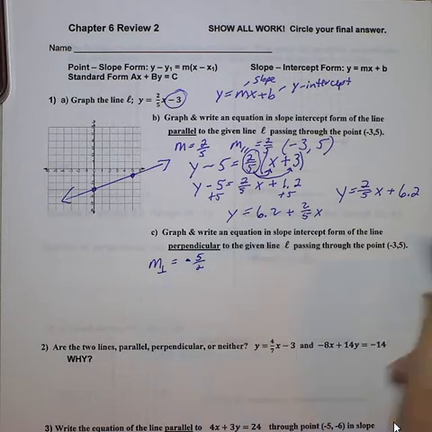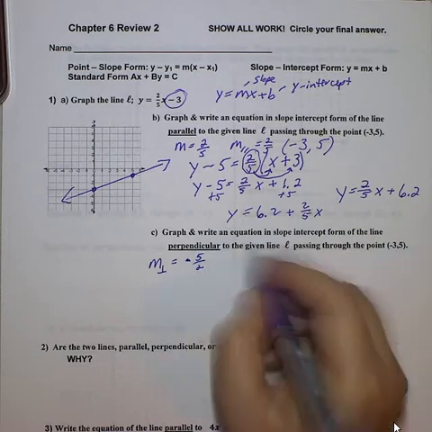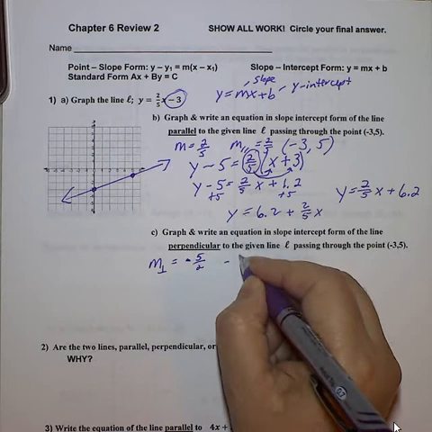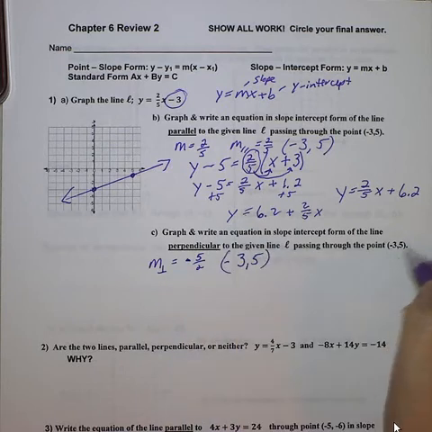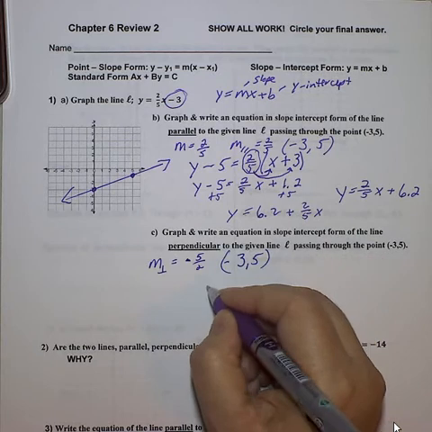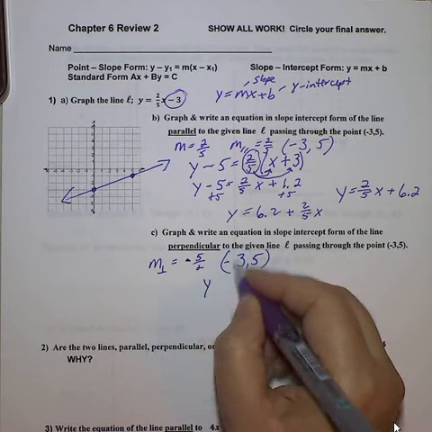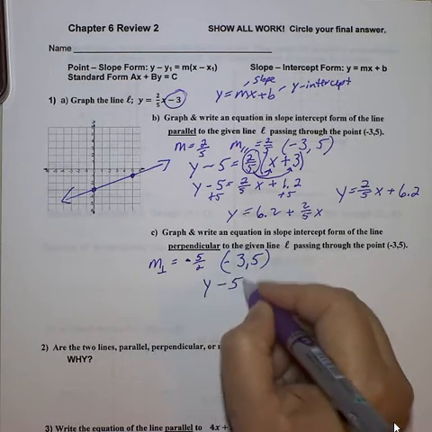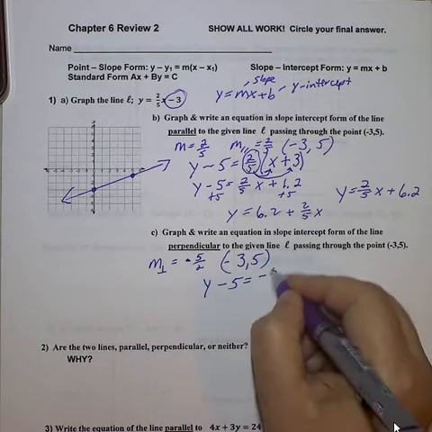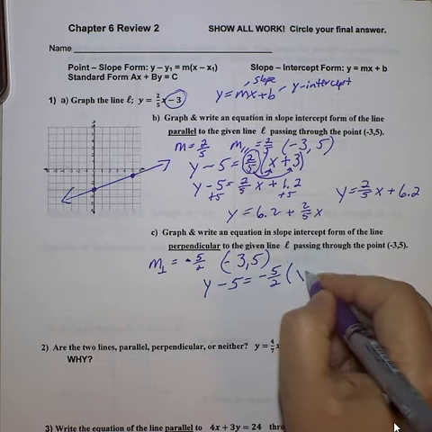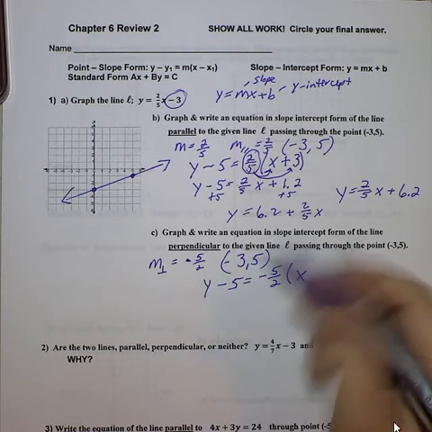My point is still -3, 5, and I'm going to put it into the equation. So I have y minus 5 is equal to my slope of -5/2 times x plus 3.